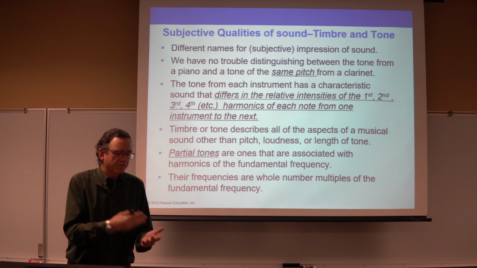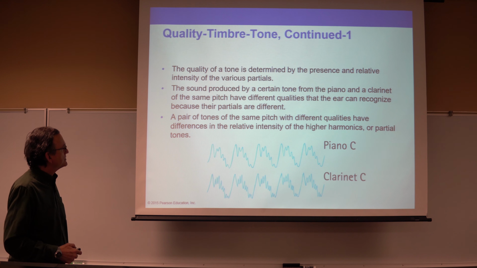The sound produced by a certain tone from the piano and a clarinet of the same pitch have different qualities that the ear can recognize because they have different combinations of these multiple frequencies or different intensities associated with each of the higher harmonics. A pair of tones of the same pitch but with different qualities have differences in these relative intensities of these higher harmonics.